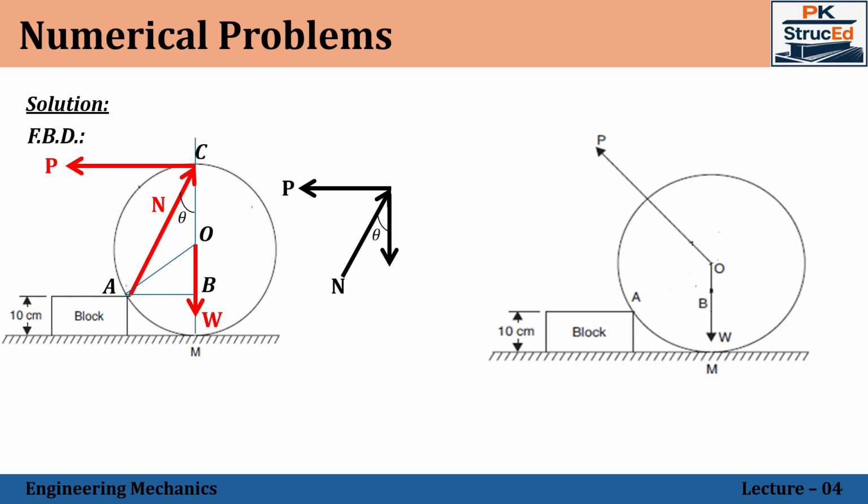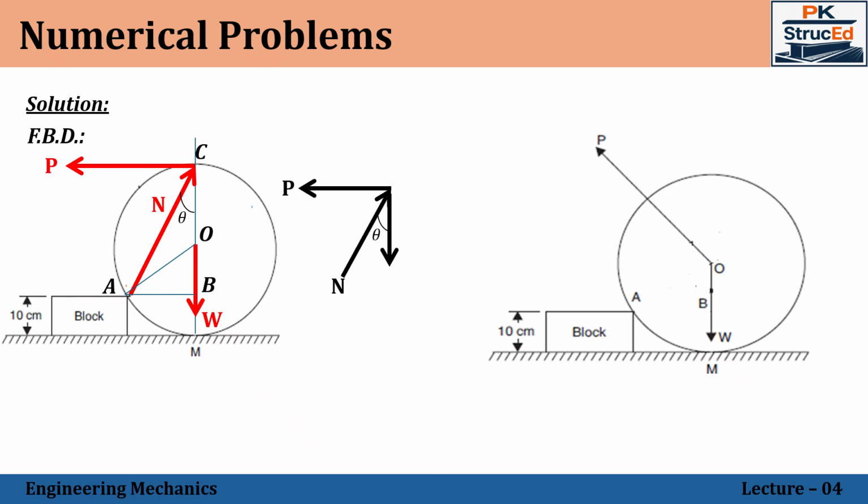There is no change in the direction of the forces, both being applied to move the block towards the left side direction. The point of application differs. In the first case, the externally applied force is applied at the topmost point of the wheel, whereas in this case the applied force is acting at the center of the wheel, at point O. So those are the differences.